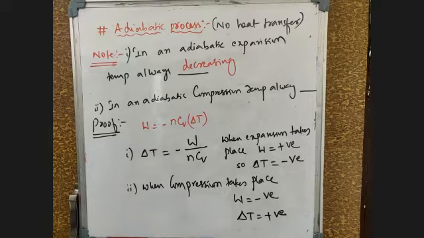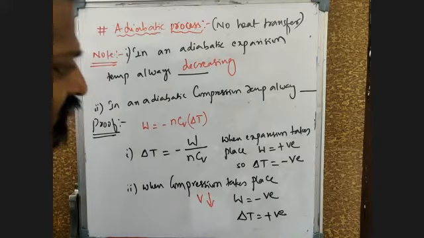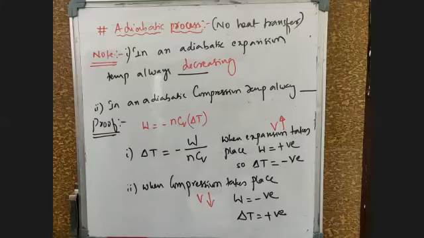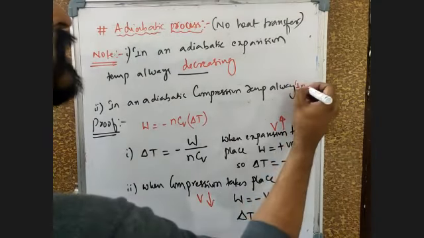So in compression the volume decreases, whereas in expansion the volume increases. That is the reason work done is positive in expansion. Here the temperature is positive and work done is negative. So in adiabatic compression, the temperature always increases.